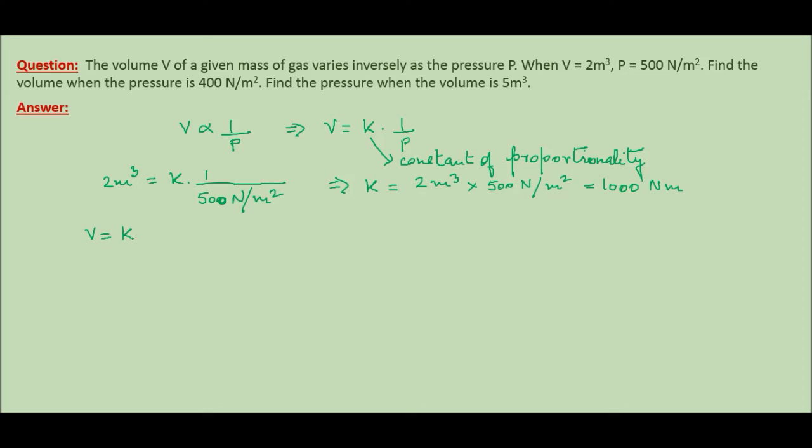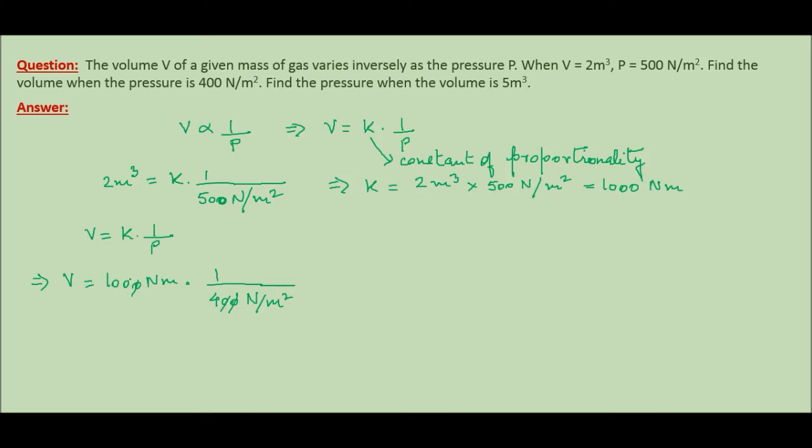V is equal to K times 1 by P. And in place of P, we will be putting the value, and of course for K, to find the value of V. In place of K, we write 1000 Newton meter, and in place of P, we write 400 Newton per meter square.